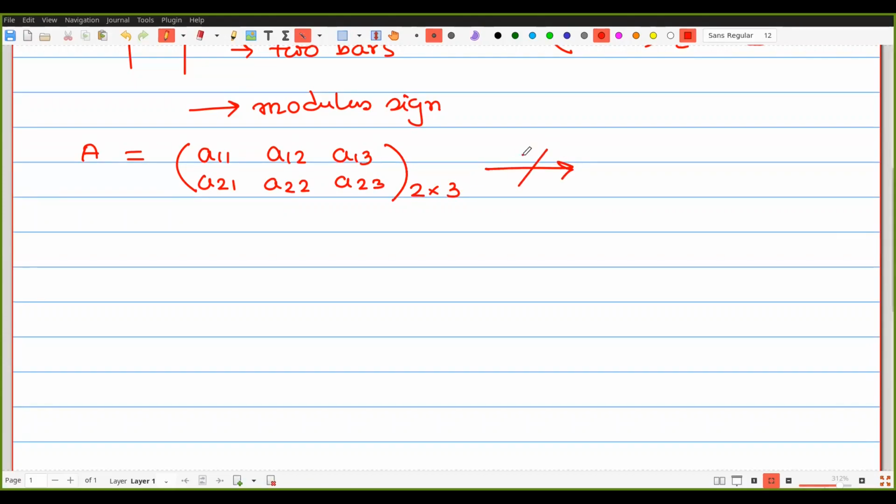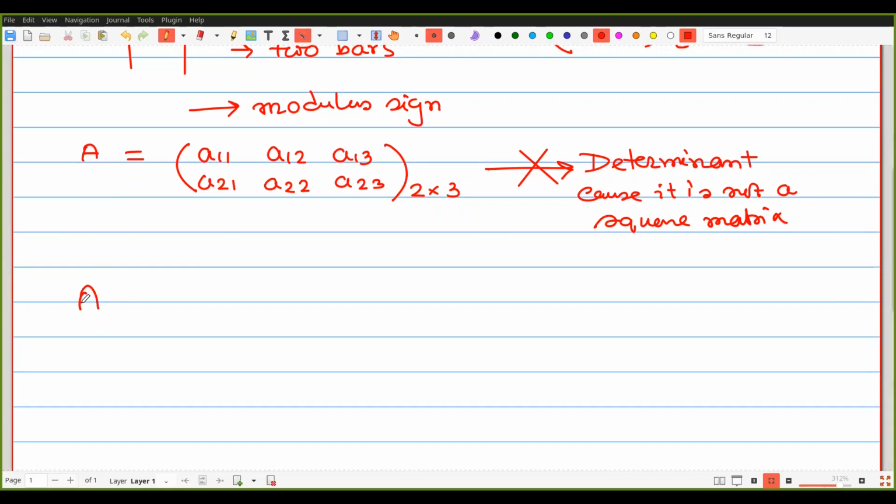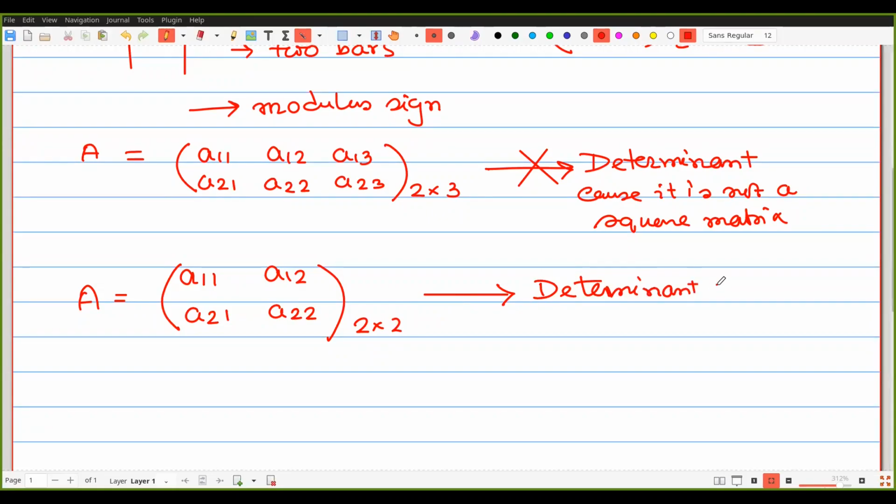So there would be no determinant for that matrix, because it is not a square matrix. Next, we proceed with another matrix A: A11, A12, A21, A22. Hence, 2 cross 2, that means a square matrix. The determinant is possible.